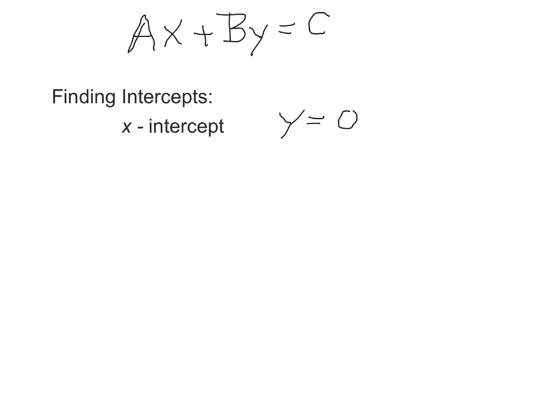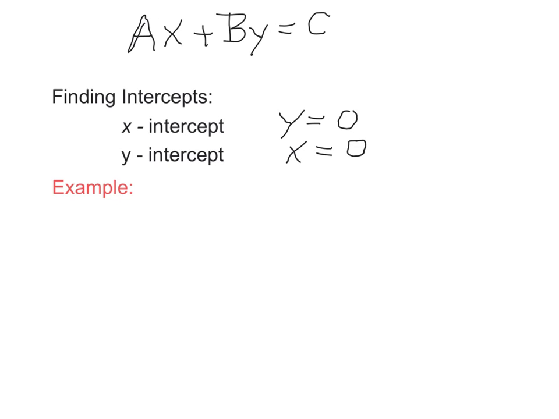Similarly, the y-intercept is where the equation crosses the y-axis, or where x is equal to 0. So the x-intercept is where y is equal to 0, and the y-intercept is where x is equal to 0.